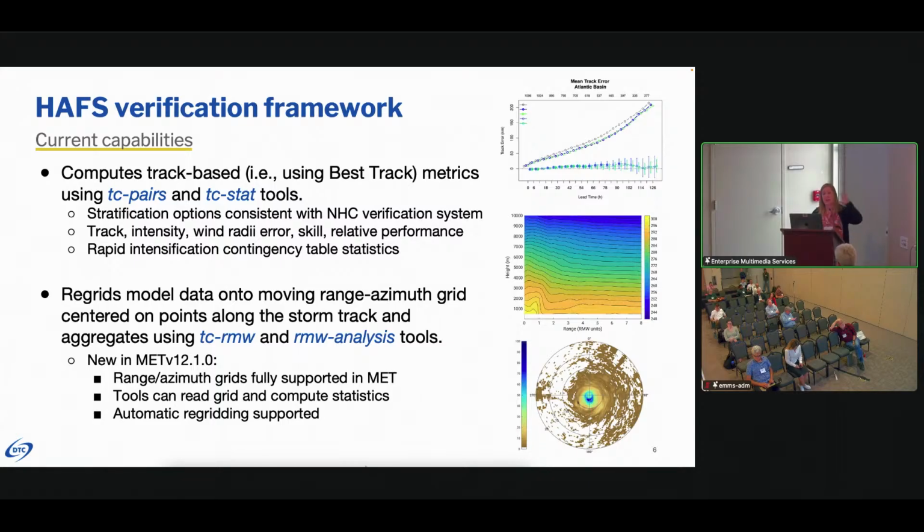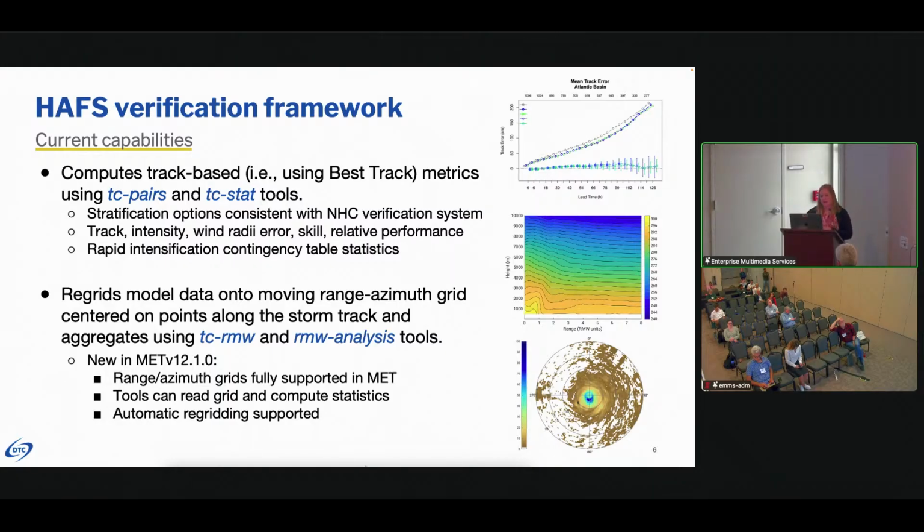So if you remember that diagram I showed a few slides ago, we've basically made it so that all of the other tools can read in the range azimuth grid. So we have the ability to compute all of the different other statistics that are point to grid, grid to grid, different types of verification. We can actually do that using the storm-centric output that comes out of the TC-RMW tool. And there's also some automatic regridding that's available within MET+, and that now is supported through the range azimuth grid.